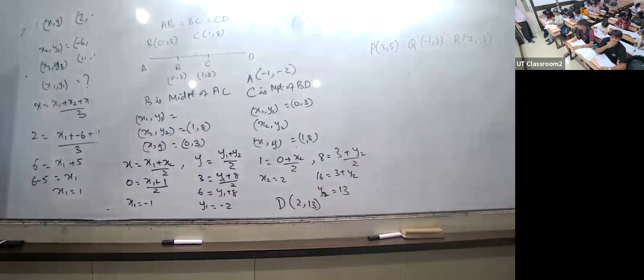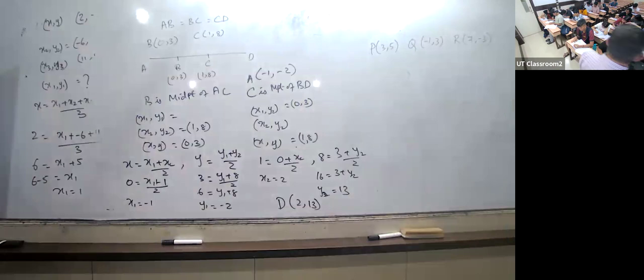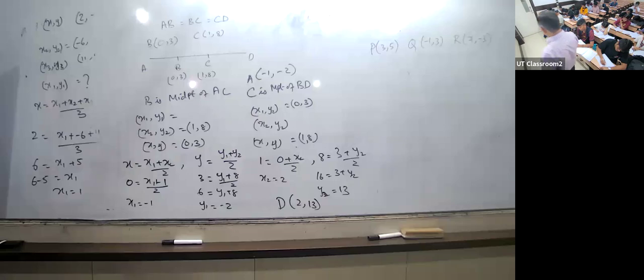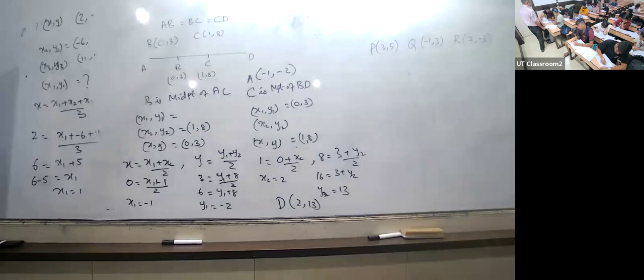Find first, the coordinates of A, B, and C. Second, the centroid of triangle ABC. Third, the centroid of triangle PQR.